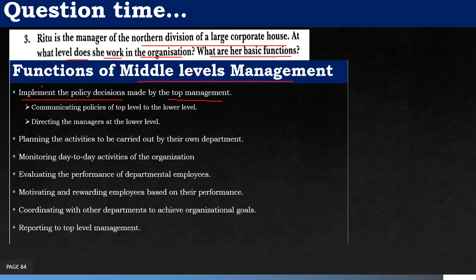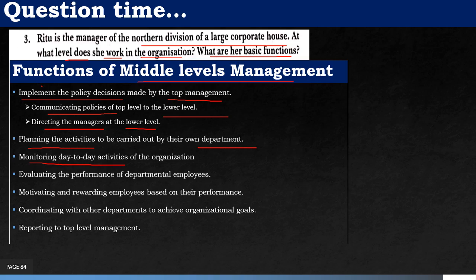Implement means to make it into action, bring it into action. Communicate policies. Communicate means tell them, make the lower level management, those who are under her, understand by communicating. Directing the managers, showing directions also to the lower level management. Then planning the activities of the department, how the purchase department needs to function, how the sales department needs to function.